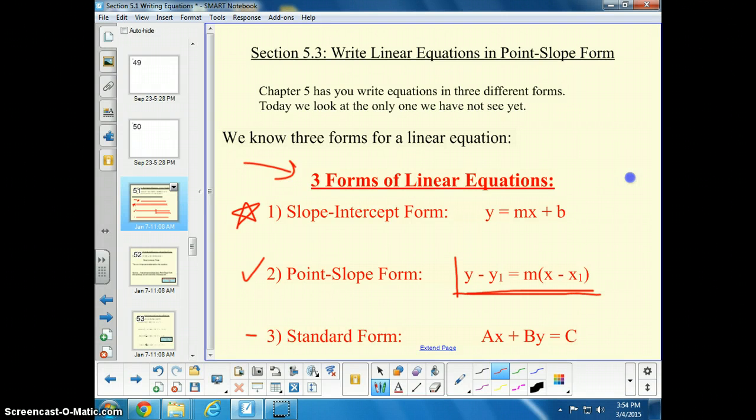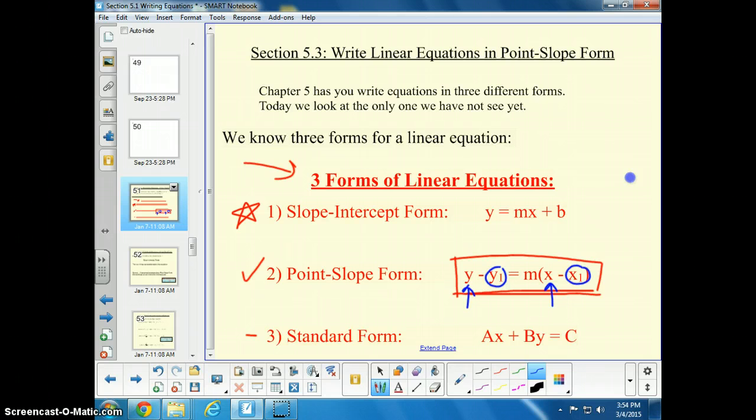Here is point-slope form if we have not seen it already. And as you can see, we still have our variables x and y in here. Here's y and here's x. When I make some kind of equation, those will still be visible there. When I'm making the equation, those variables will still be in those spots. But notice that I do have another x and y in here as well. I have y, and they call that y sub 1 and x sub 1.